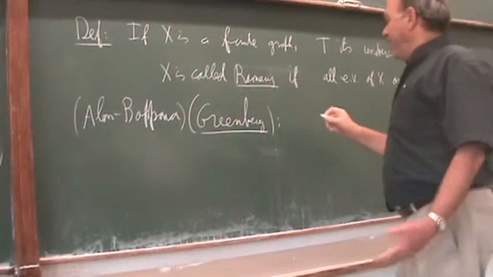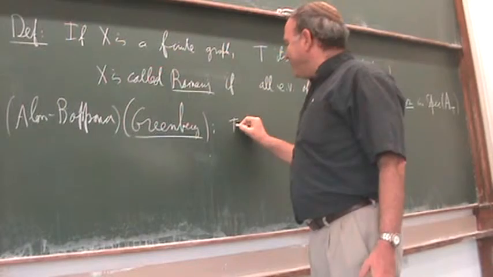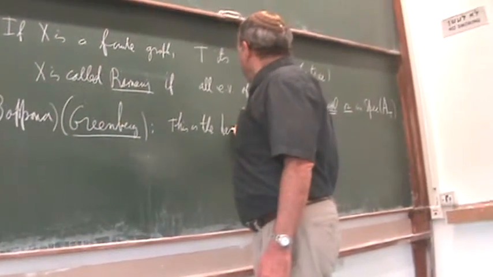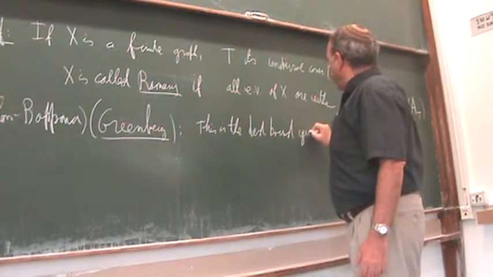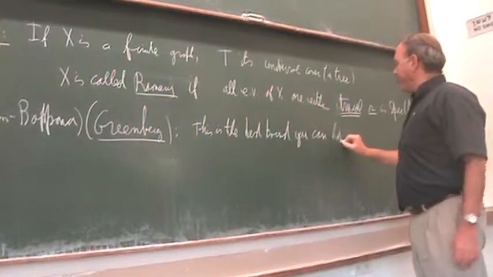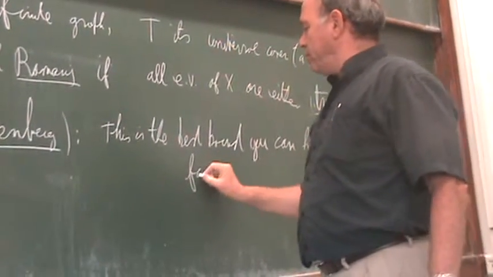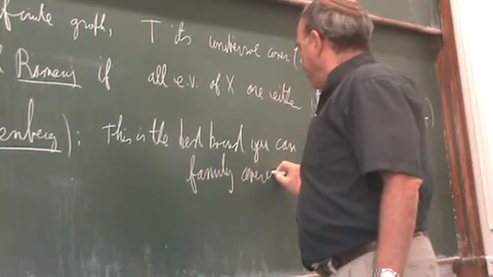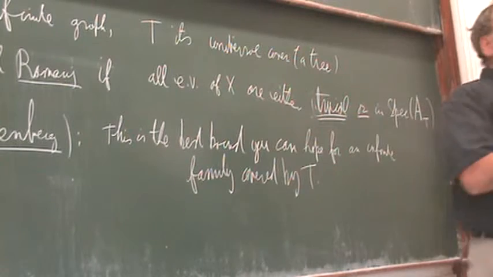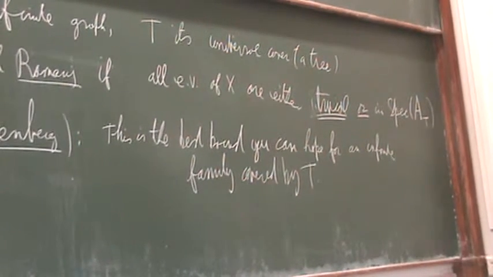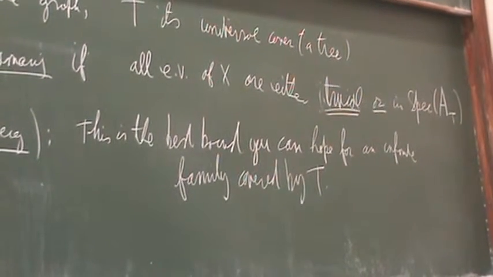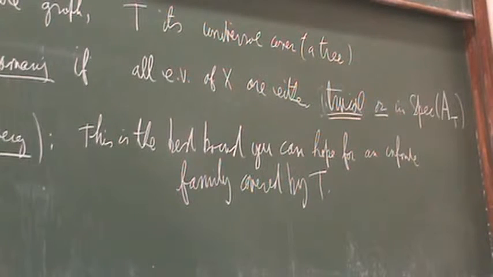And this is the best bound you can obtain, I'll write it a little bit informally, for an infinite family of graphs covered by T. What will be the analog of the k-regular graphs that we talked about before? It will be all graphs covered by the same tree T. If this tree is the k-regular tree, then the finite graphs covered by it are exactly the family of all k-regular graphs.